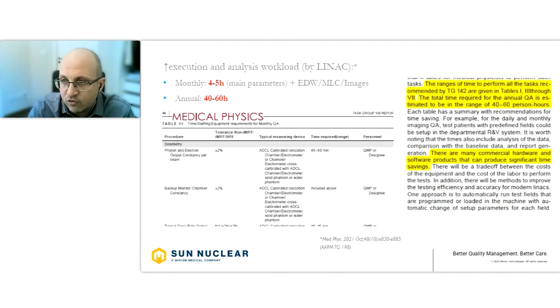It's interesting to consult. For a monthly test, just for basic parameters of the accelerator, it's estimated at 4 to 5 hours checking the parameters, without considering the EDW, MLC, and imaging system. And for annual tests, it's 40 to 60 hours.